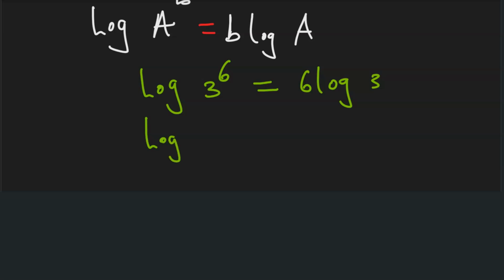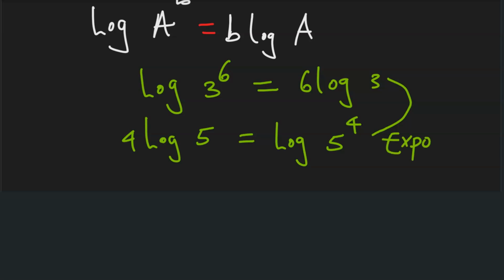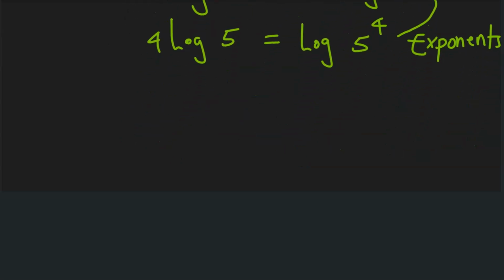When given 4 log 5, this converted back into an exponent should be the same as log 5 to power 4, and this is always the law of exponents. So dropping them and bringing them back on top. So that's the law.